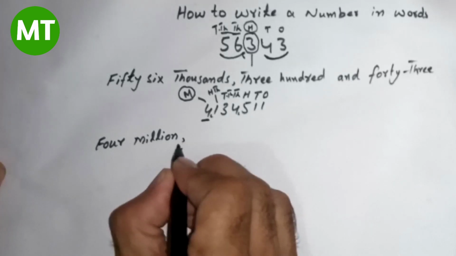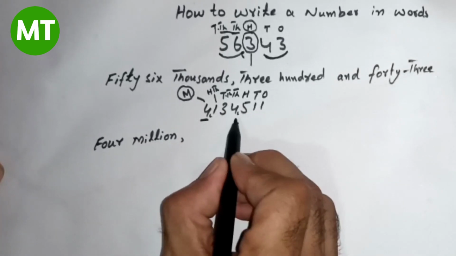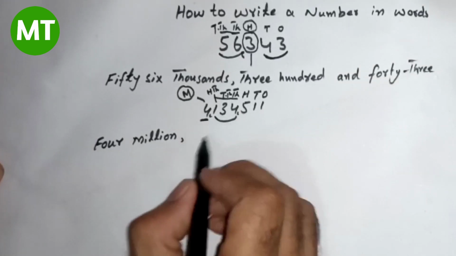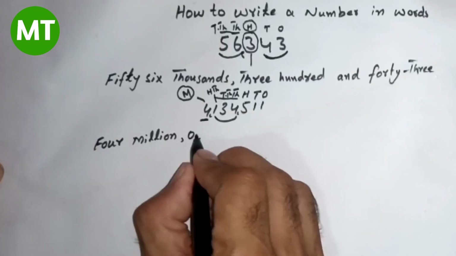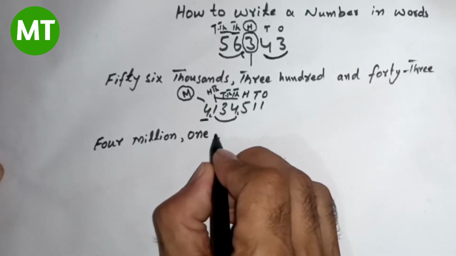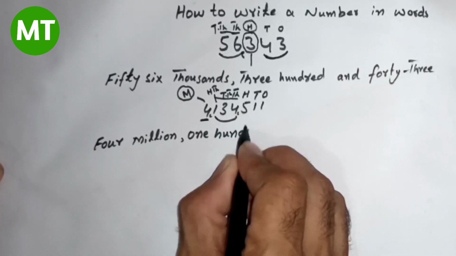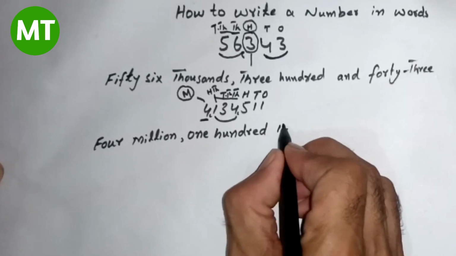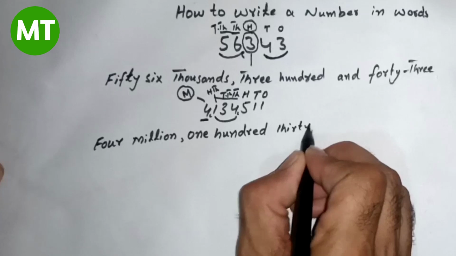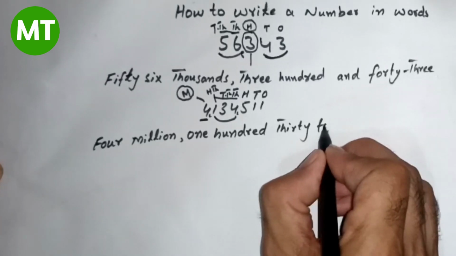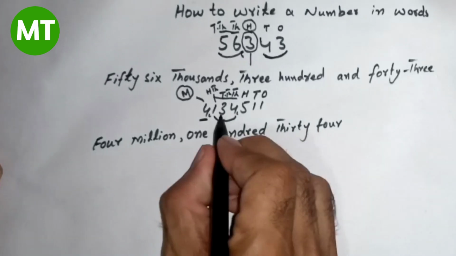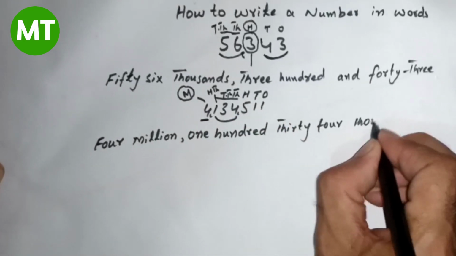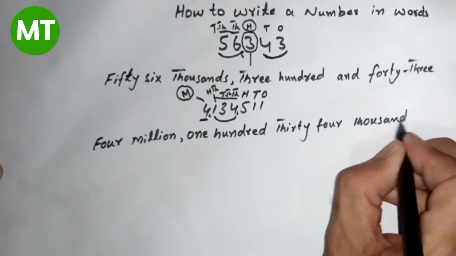Then we will put a comma. Now as we know that 1, 3 and 4, these 3 digits are at the 1000 place, so we will first write the number as 134. So we will write 134, and then we will write its place value as thousands, so it becomes 134,000.